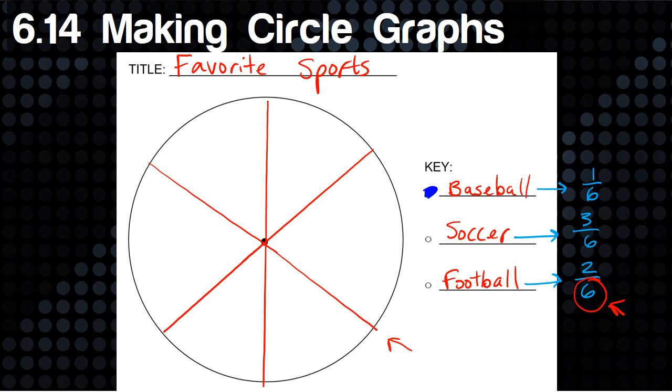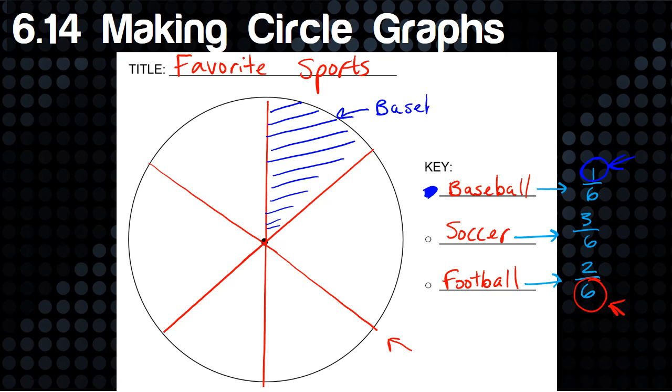And I need to have one part of my circle graph be baseball. So I'm going to shade in my part for baseball. And I'm going to label this part right here. This is going to be baseball. Nice.